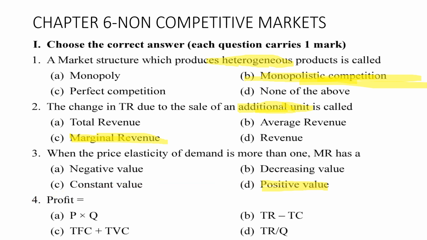We know the formula. Profit is equal to total revenue minus total cost. So if you subtract the total cost from your total revenue, we get profit, right? So all these terms and concepts are being discussed while we studied the 4 marks and 6 marks questions. So yes, here we complete the microeconomics part.